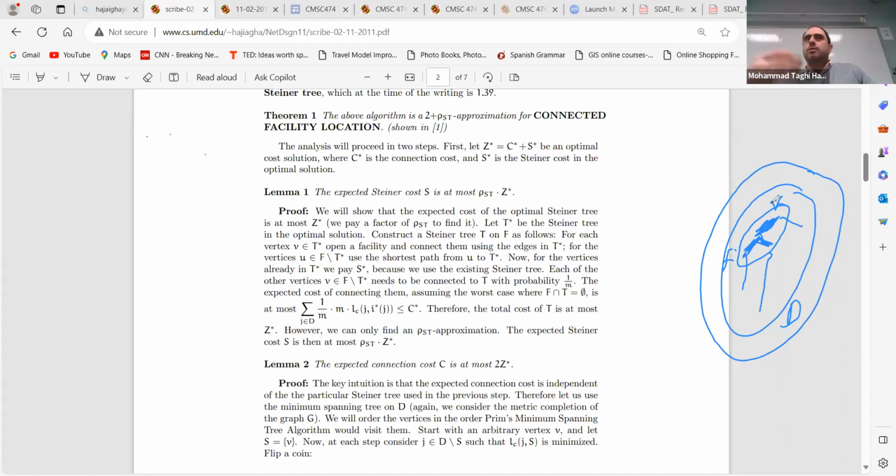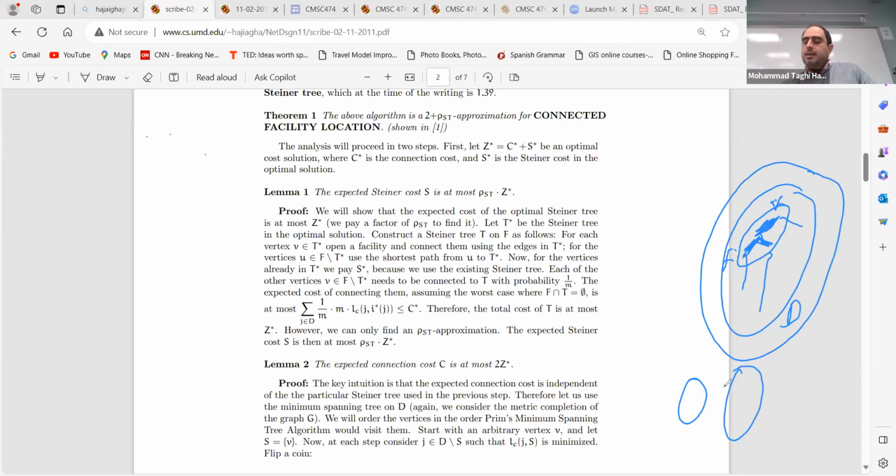I want to do this opening of facilities in a way that I'm creating Prim's minimum spanning tree. That's actually a beautiful argument. So consider Prim's minimum spanning tree algorithm. What does it do? At any time, this is the algorithm: you have a set of nodes, and this is the rest.